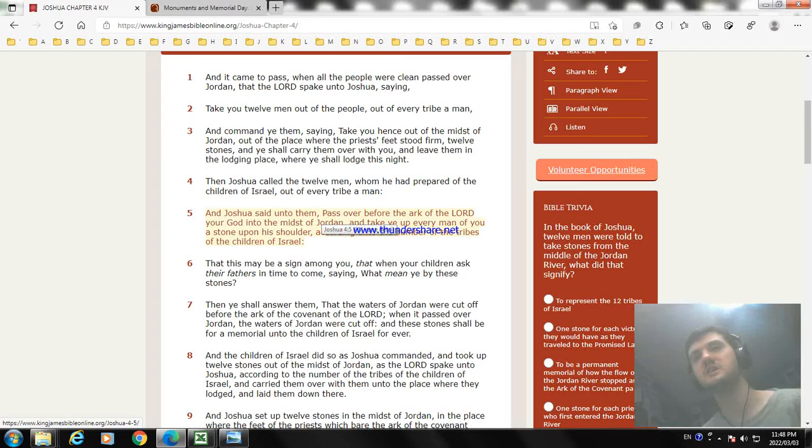And Joshua said, Pass over the ark of the Lord unto God into the midst of Jordan. Take up every man of you, and stone upon his shoulder, according to the number of the tribes of the children of Israel. This may be the sign among you, but that when may truly ask their fathers in time, saying, What mean ye be these stones?